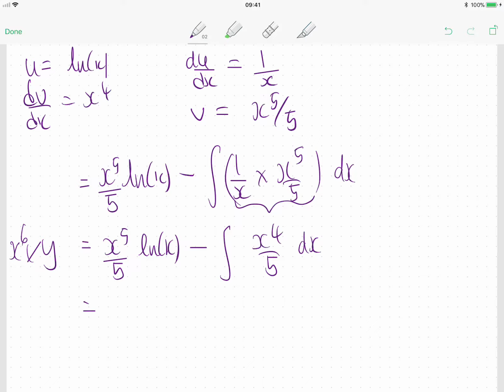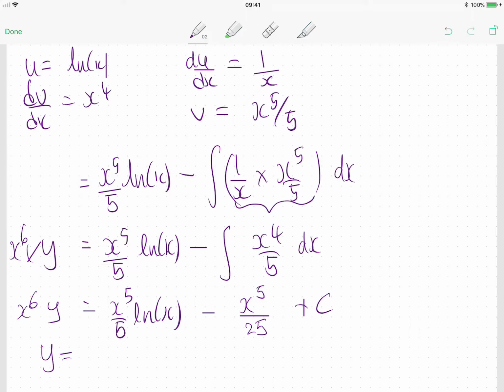Okay, we're almost there. So the first term is x to the power 5 over 5 log x. Integrate x to the power 4 over 5: upper power divide by the power, 5 times 5 on the bottom is 25, plus c. And finally, I'm going to divide through by x to the power 6 to get y on its own.